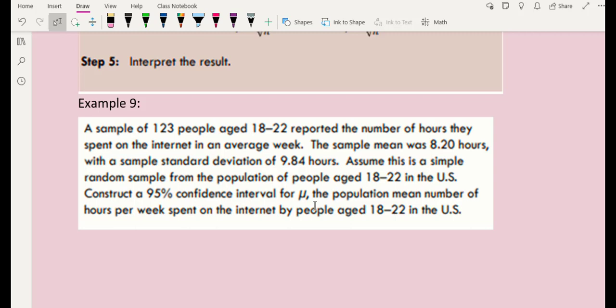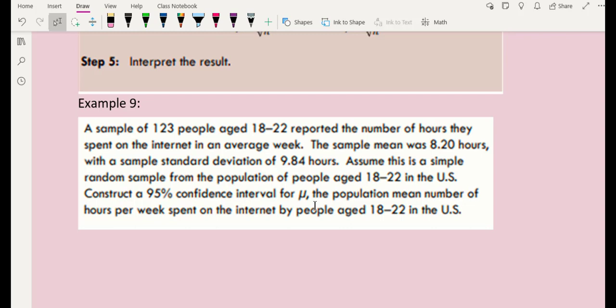Assume this is a simple random sample from a population of people aged 18 to 22 in the U.S. Construct a 95% confidence interval for the population mean number of hours per week spent on the internet by people aged 18 to 22 in the U.S.